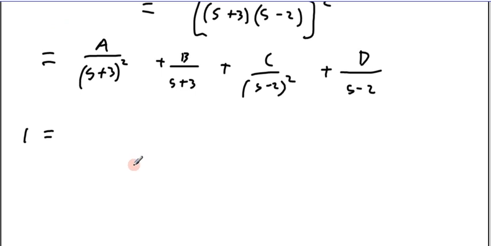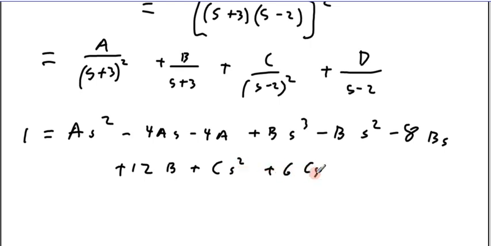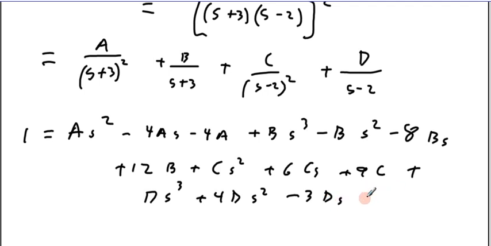On the bottom I'm going to have A s squared minus 4As minus 4A plus B s cubed minus B s squared minus 8Bs plus 12B plus C s squared plus 6Cs plus 9C plus D s cubed plus 4D s squared minus 3Ds minus 18D.